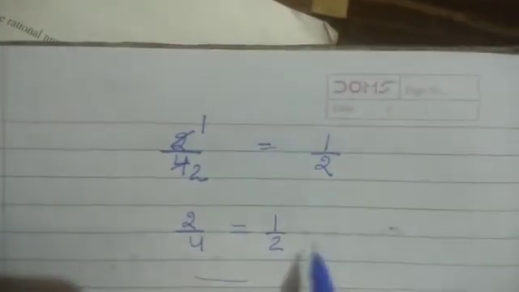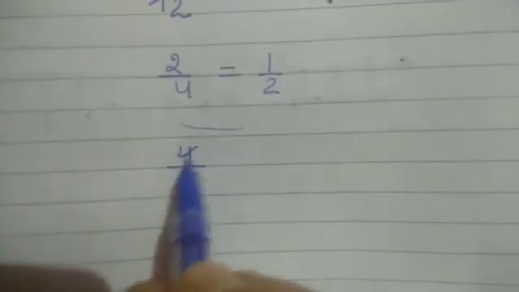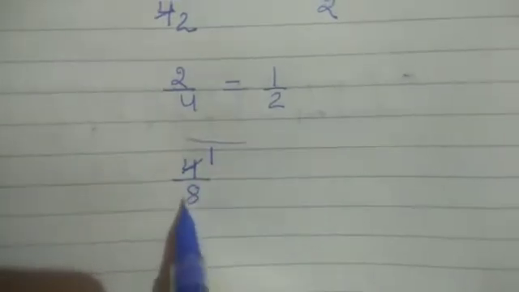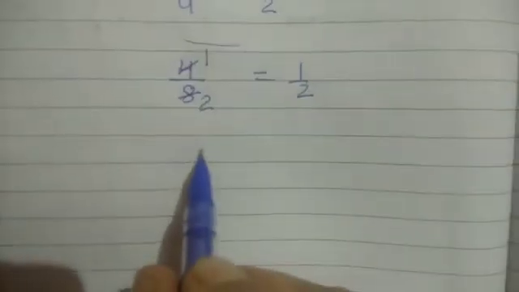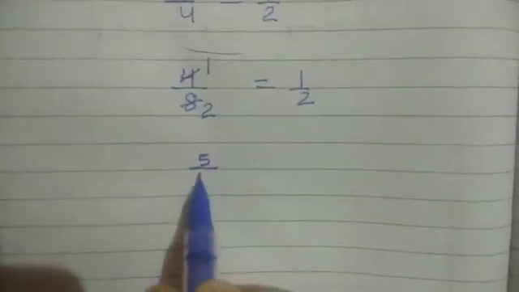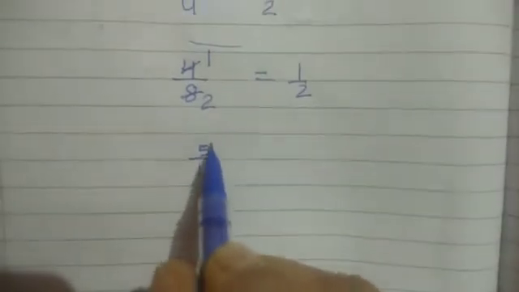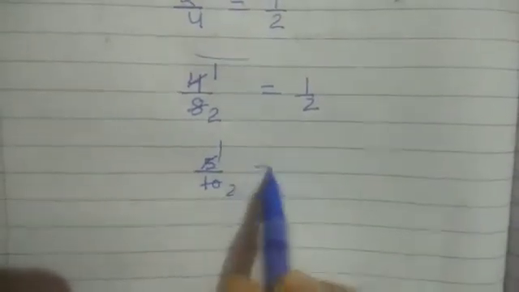Similarly, if I take 4 upon 8, 4 ones are 4, 4 twos are 8. Again it will become 1 by 2. Again you can take any example. Suppose I am taking 5 upon 10. 5 ones are 5, 5 twos are 10.